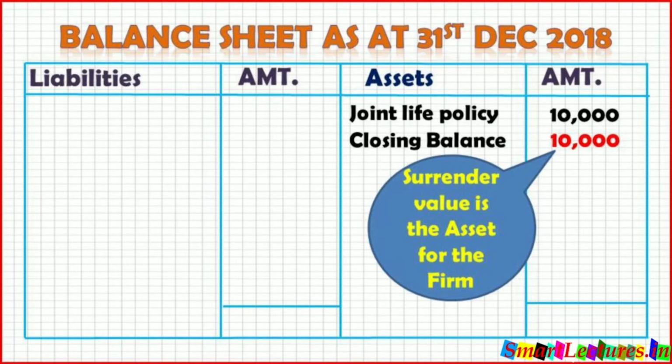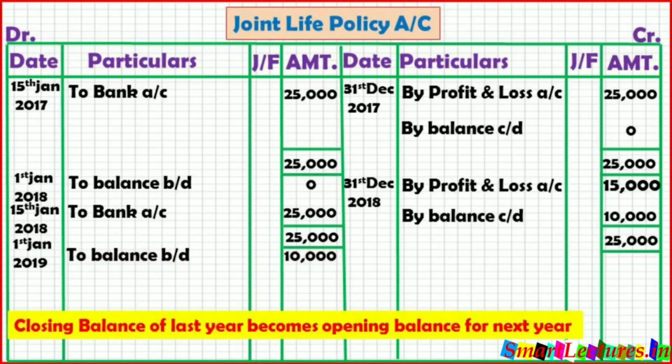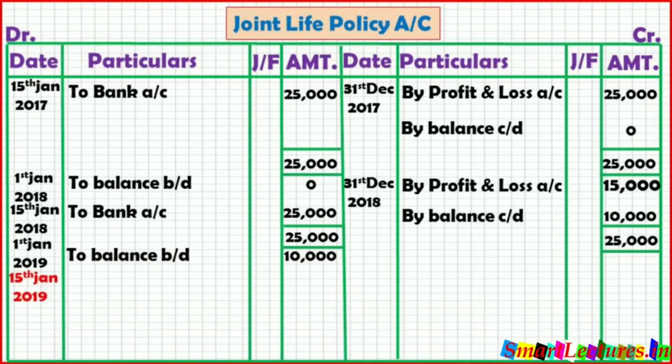And in the same way, next year on 1st January 2019 this account will be reopened to balance b/d 10,000, because the closing balance of last year becomes the opening balance for the next year. And on 15th January we have to pay the premium, so to bank 25,000.